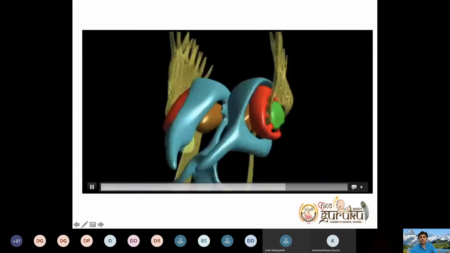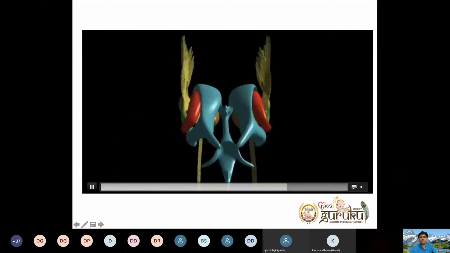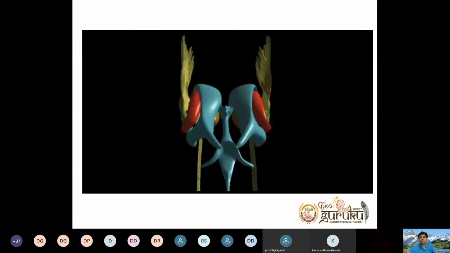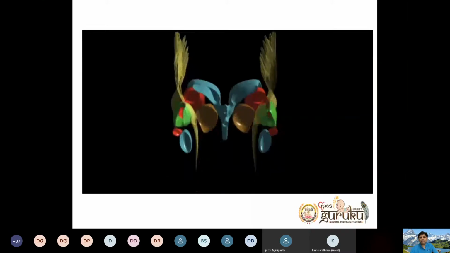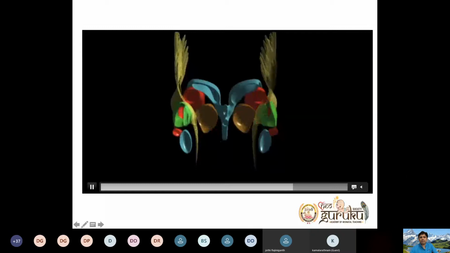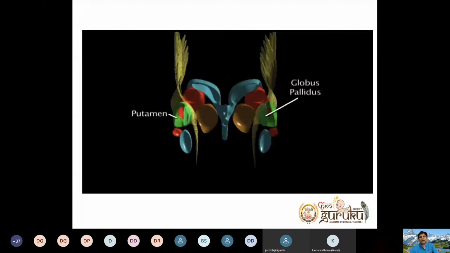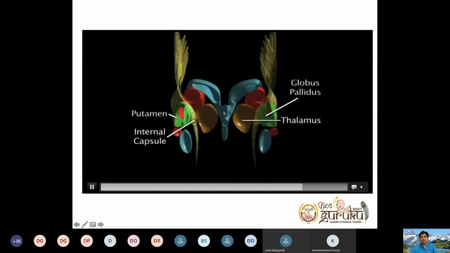So let us come back with the inside to outside, medial to lateral, and lateral to medial. Once you understand this, things will be very, very easy, because the anatomy and the neurosonogram part of brain is relatively easier than heart. So putamen, globus pallidus, internal capsule, thalamus, and superiorly you have caudate nucleus.